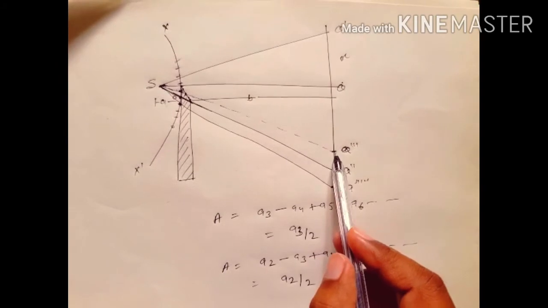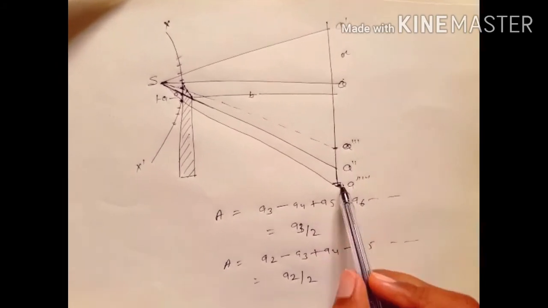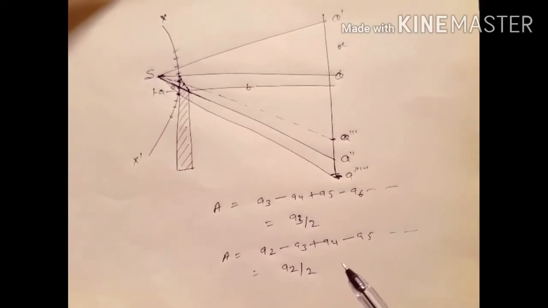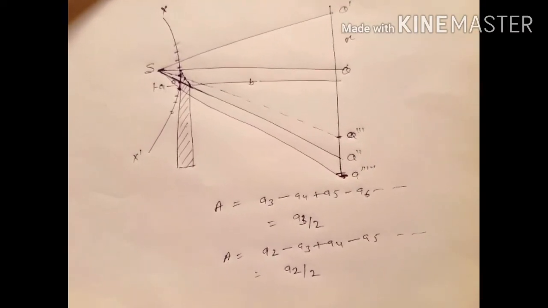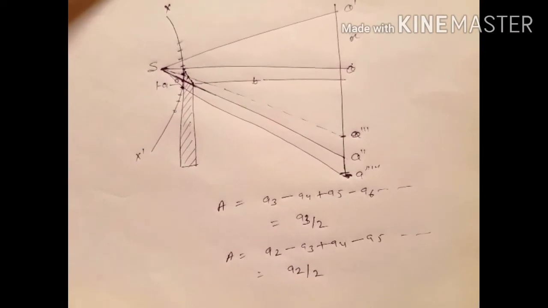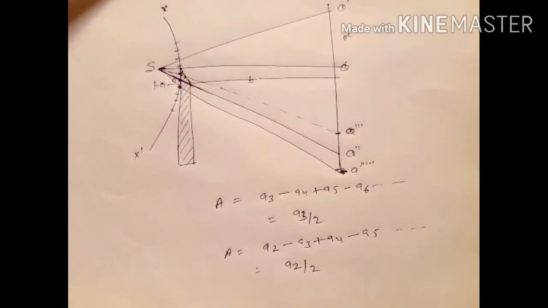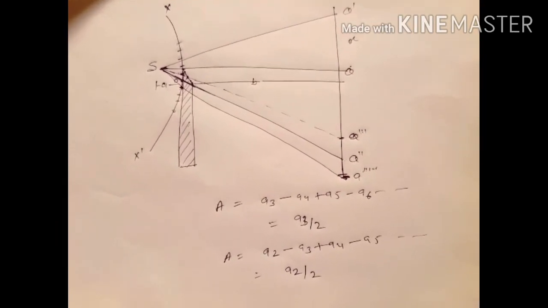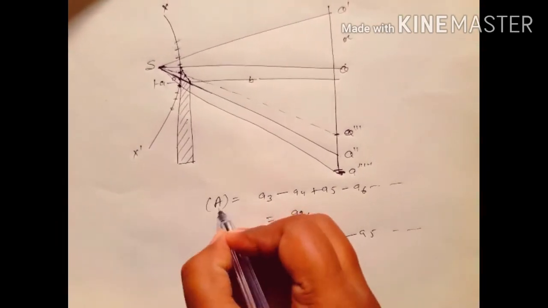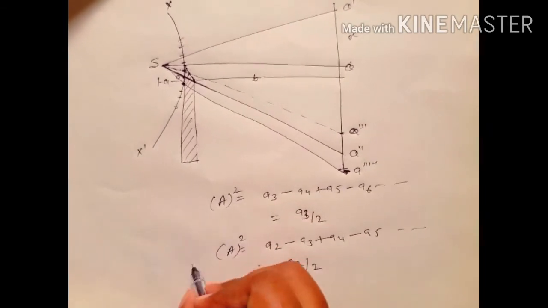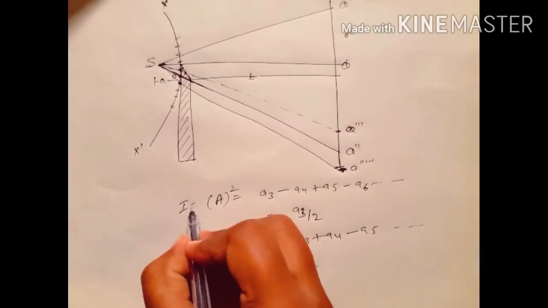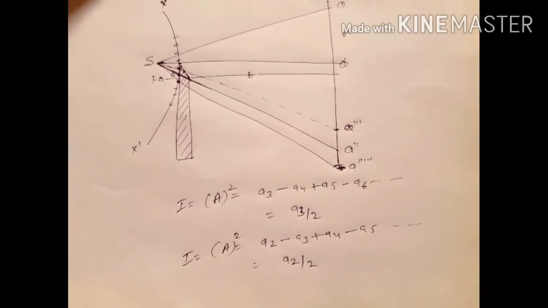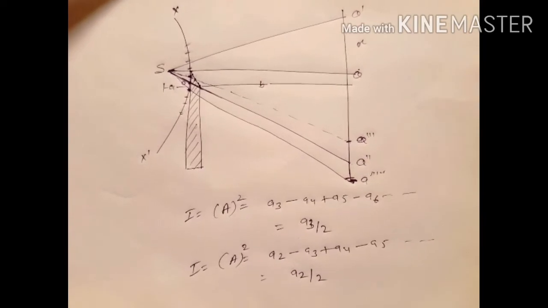In this case they are maybe 3, 4, 5, 6, and we know the amplitude of A2 is less than A1, A3 is less than A2, and so on. So the amplitude will be continuously decreasing, and intensity is the square of the amplitude. So we can say intensity is repeatedly decreasing in the geometrical shadow region.